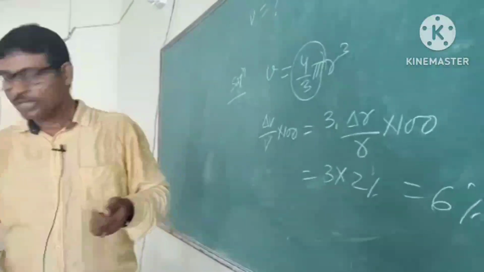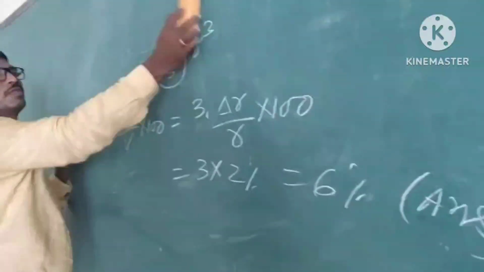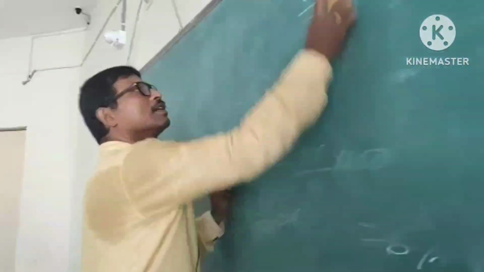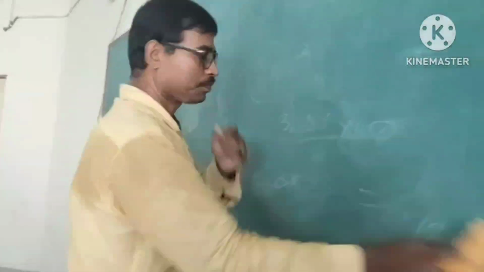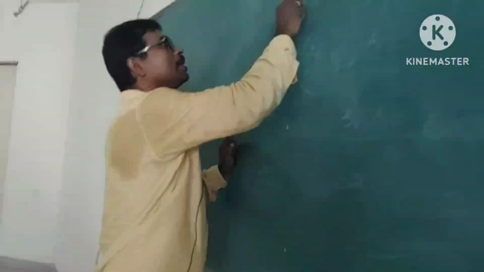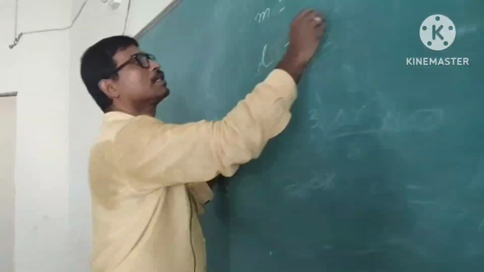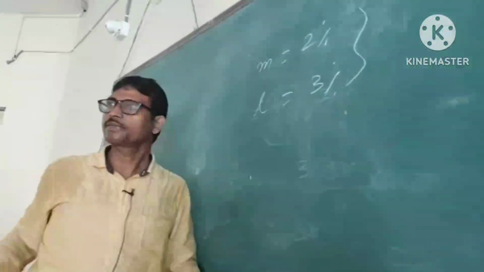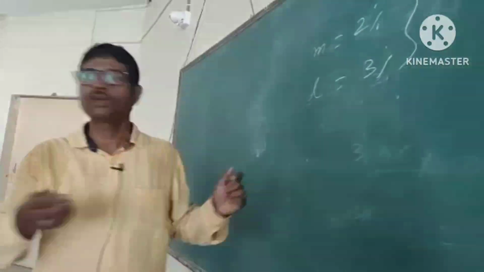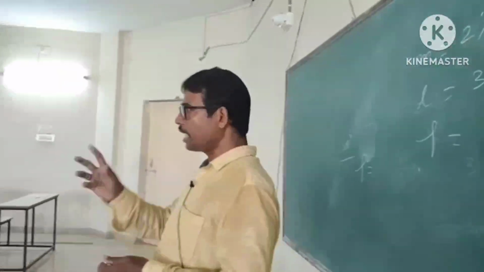Next, repeating the same. Suppose you are taking a cube, like the ludo dice you are taking. Suppose its mass is given, with error in the measurement, suppose 2%, and the side is given, error in the measurement you are getting. Okay, find the density of that cube. You are taking a cube, that means dice.